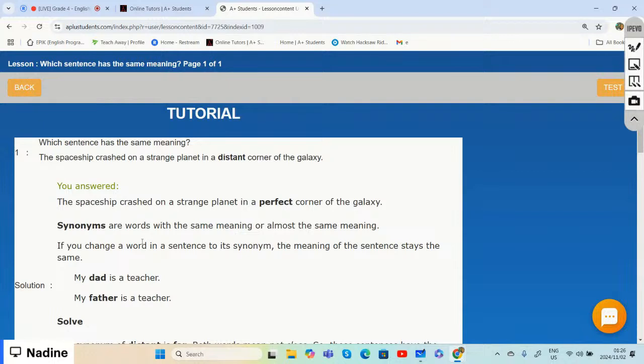Tiny, small, little. Those are words with the same meaning. So you can say the dog is tiny, the dog is small, that is a little dog, that dog is little. That is why we're saying synonyms are words with the same meaning, or words with almost the same meaning. So well done.